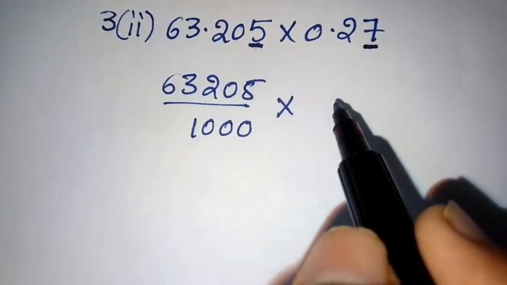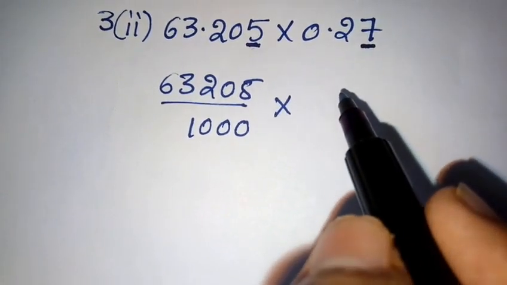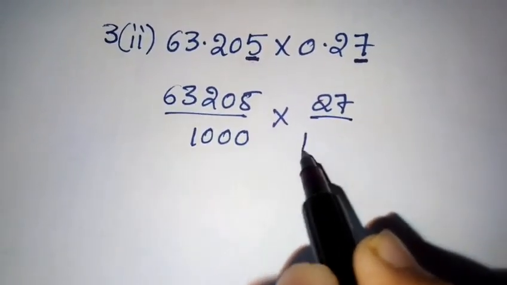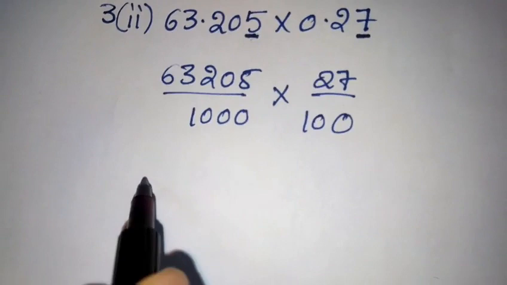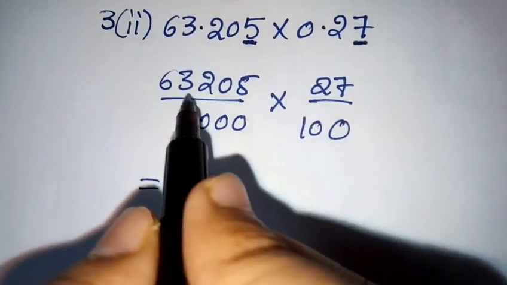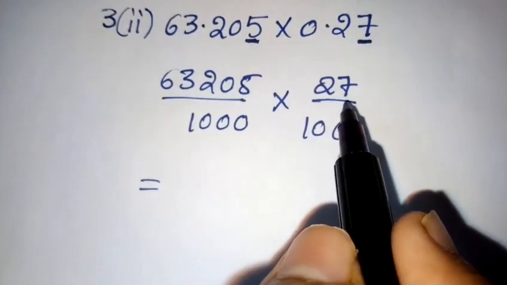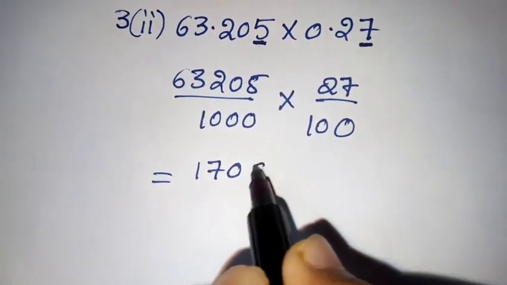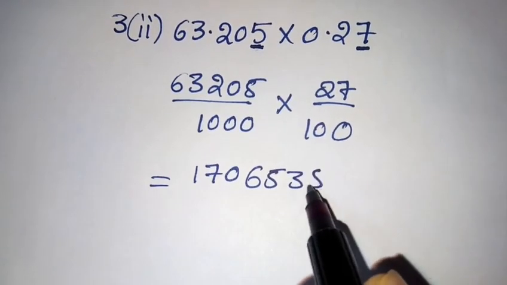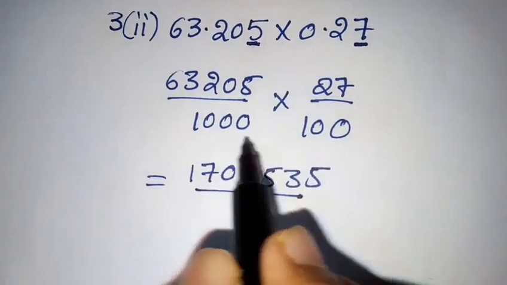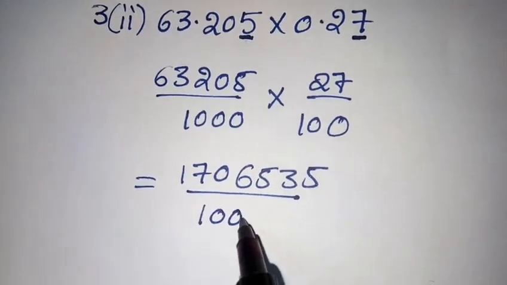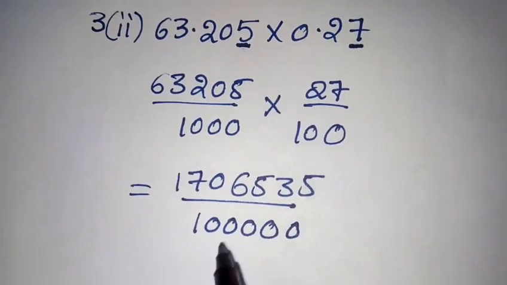The place value of 7 is hundredth, hundredth meaning 1 by 100. So remove the decimal and write 27 by 100. Multiply numerator into numerator: 63205 into 27, you will get 1706535, divided by 1000 into 100, you will get 1 lakh, 100,000.